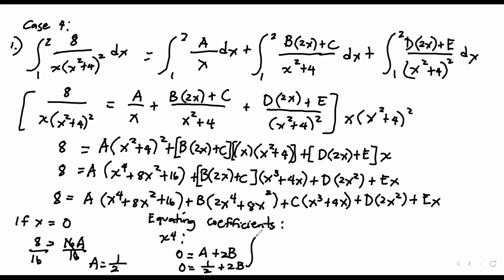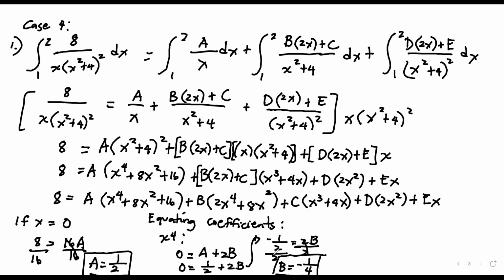So we will have negative 1/2 equals 2B. Divide both sides by 2. So B is negative 1/4. Right? Negative 1/4. A is 1/2. B is negative 1/4.